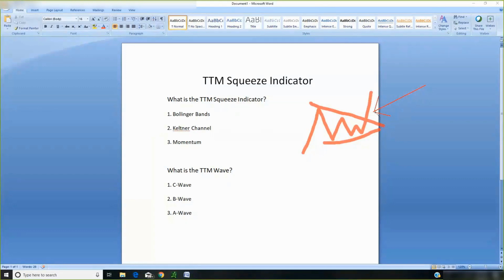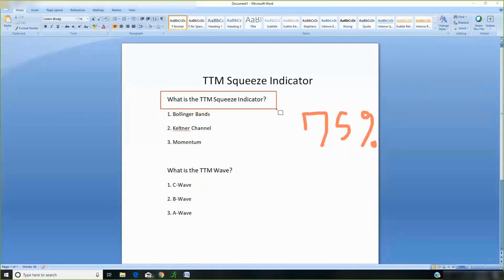So the TTM squeeze indicator, that's what it is. It is a volatility indicator, a combination of price. I'm going to tell you what makes up the TTM squeeze indicator, but I'll tell you this. This squeeze indicator, you're looking at about a 75% chance of success, okay? The person who created this indicator is called John Carter, and through all of his testing, when he created this, it's about a 75% success rate.